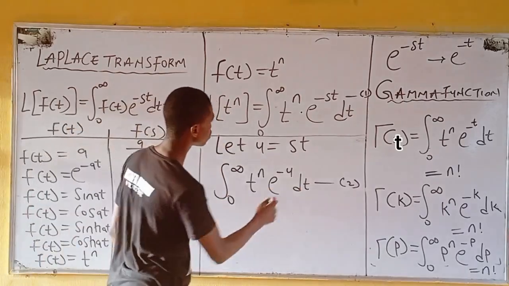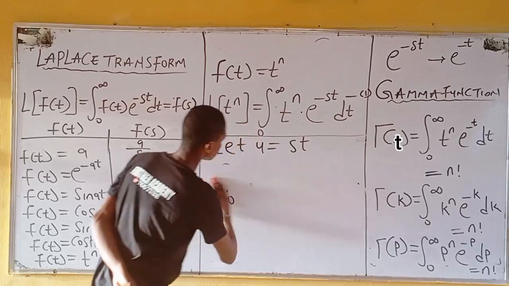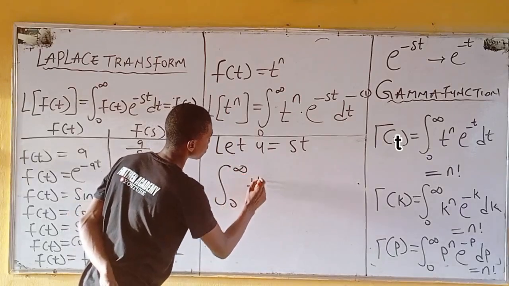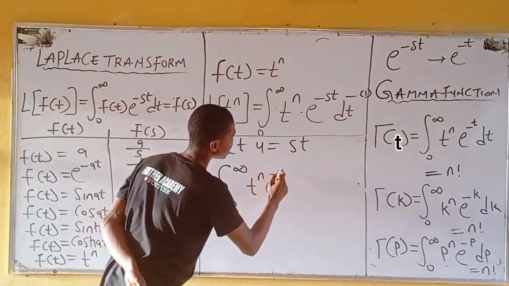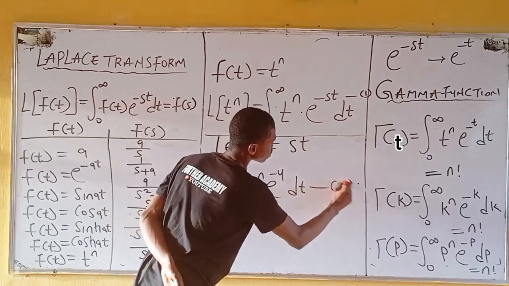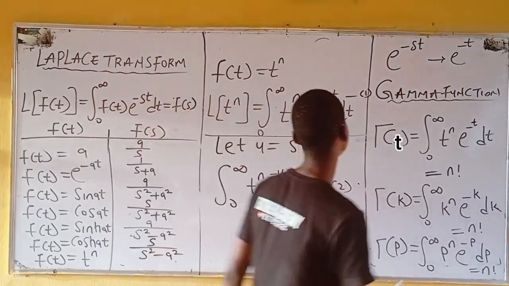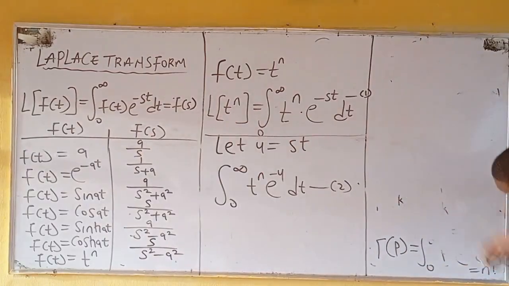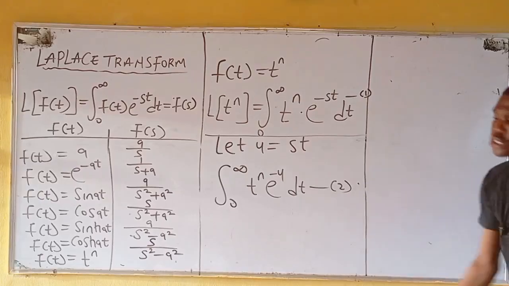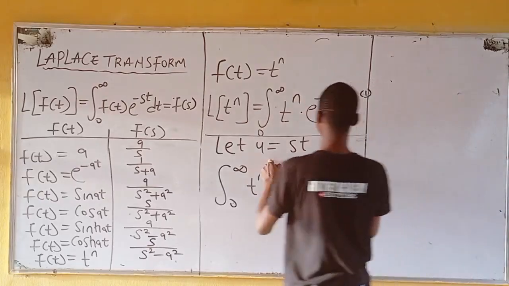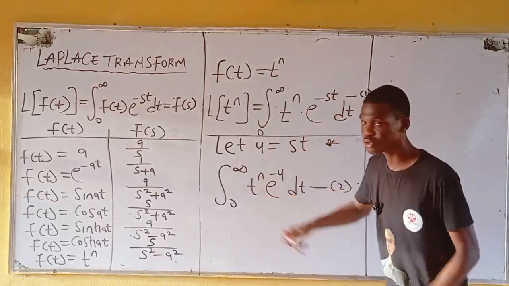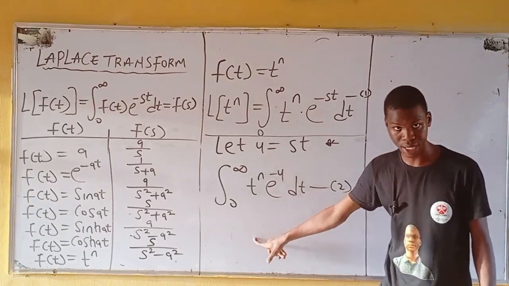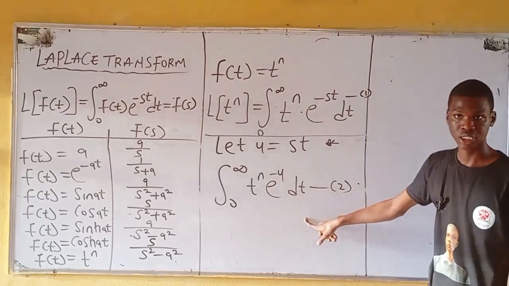Now, from equation 2, the integral from 0 to infinity of t raised to the power of n, exponential raised to the power of negative u, dt, I want to express t in terms of u, and dt in terms of du.